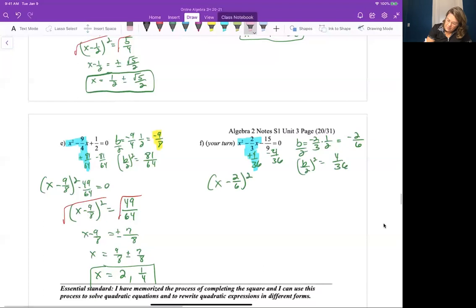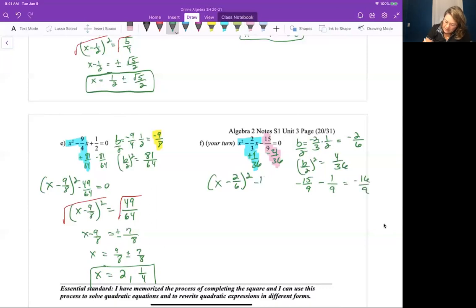Now I need to simplify the rest of my expression. I have negative 15/9, and I have minus 4/36. Well, 4/36 is the same as 1/9, so that becomes minus 16/9.